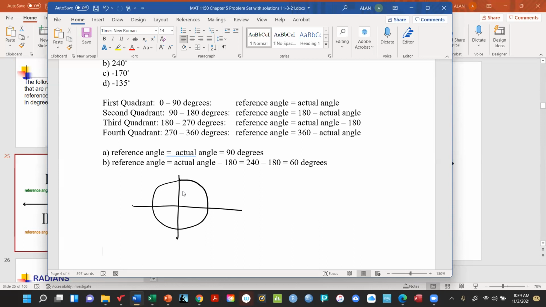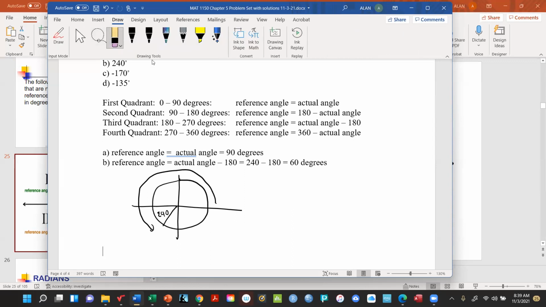So 240 means you're going through the first two quadrants, and let's say you're about here. Let me draw that better. Okay, so this is what they're trying to capture, this piece. The angle with respect to this horizontal axis is in fact 60.